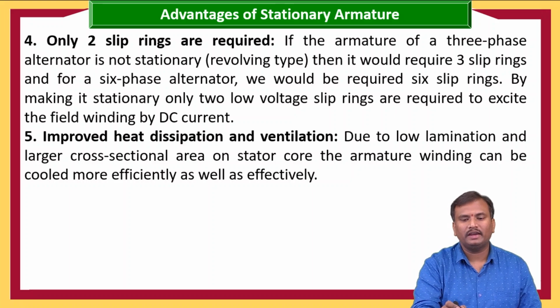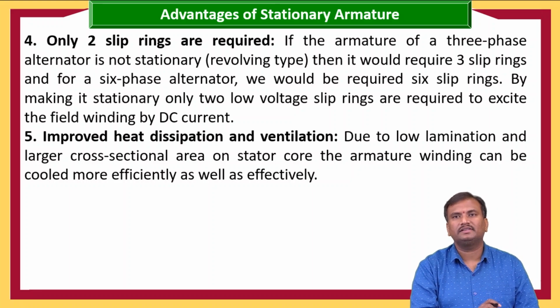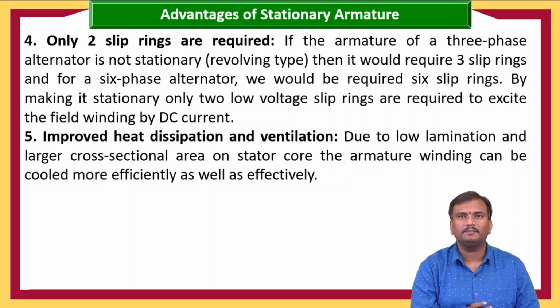And improved heat dissipation and ventilation. Due to low lamination and larger cross-sectional area on the stator core, the armature winding can be cooled more efficiently as well as effectively.